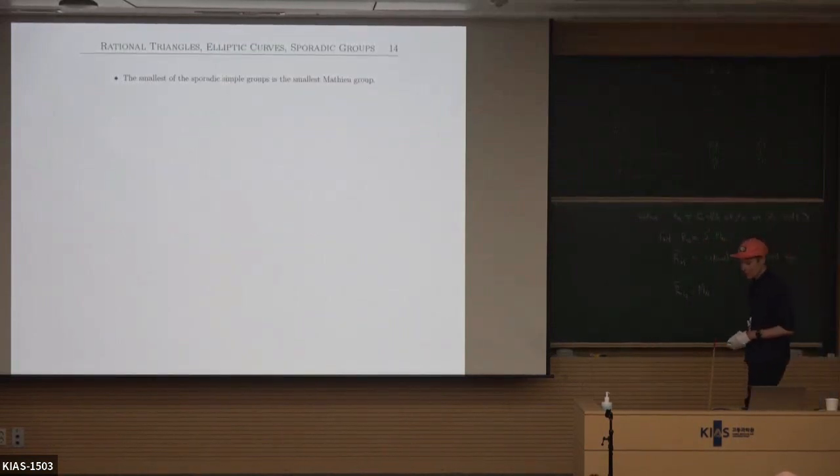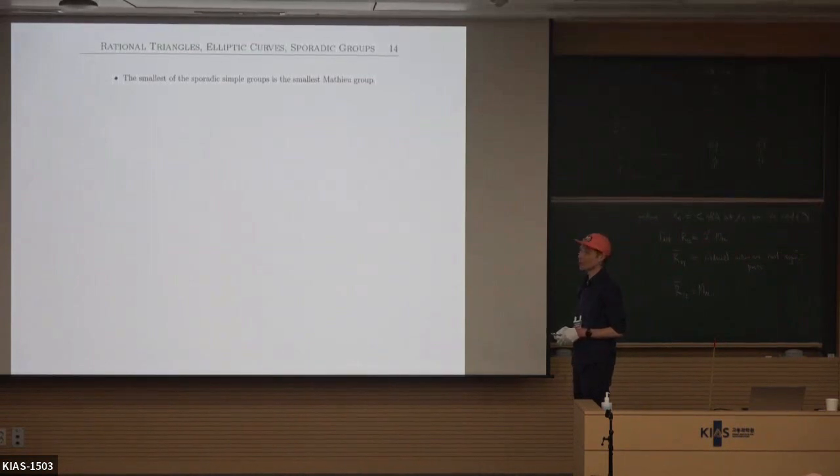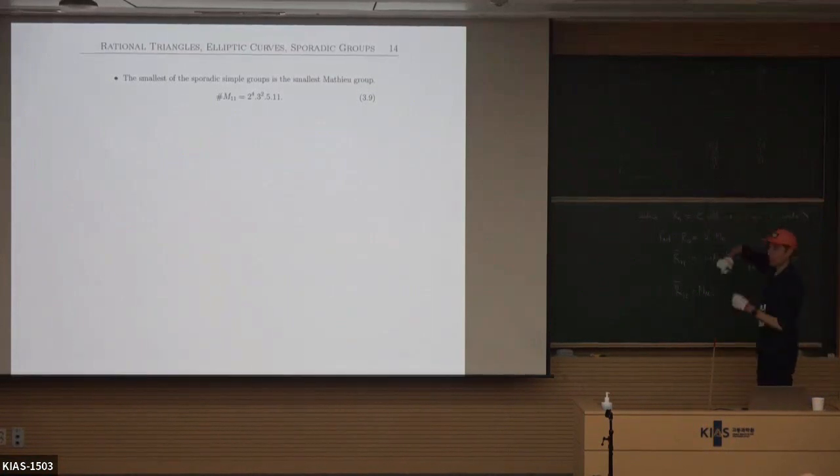All right, but really, for the particular story that I want to share today, the smallest of the sporadic simple groups is more important. So this is the group M11, or in other words, it's the group you get by doing combinations of riffle shuffles, in and out, in and out, that keep the top card on the top and the bottom card on the bottom.